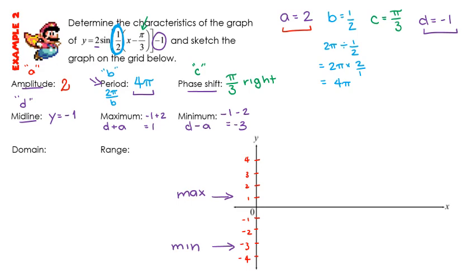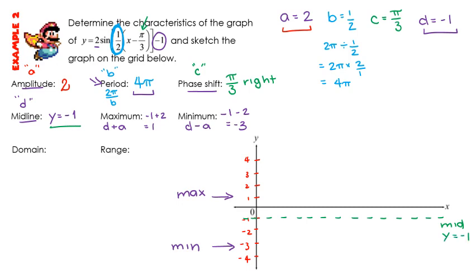And we're also going to draw our midline. So if our midline is y is equal to -1, then at a y value of -1, we're going to draw a horizontal dotted line all the way across. And this is going to act as our midline, which has the equation y is equal to -1.